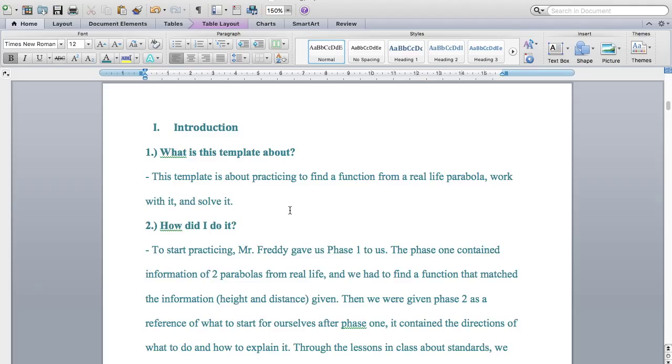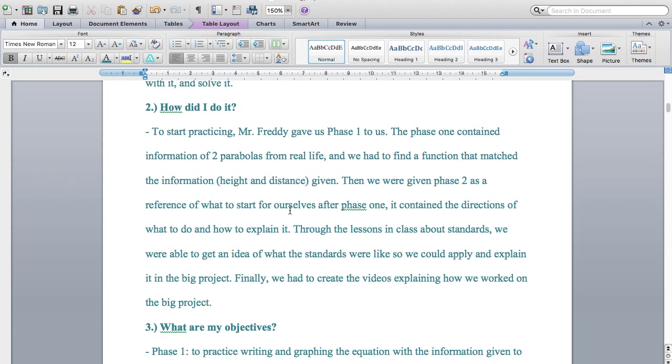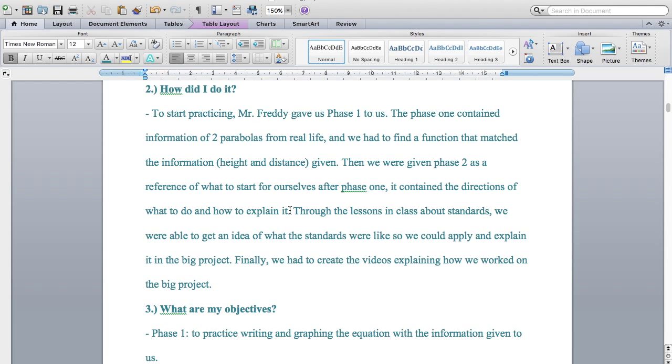So, how did I do it? We were given two phases to practice, and they contained the instructions we had to follow. I used the standards and lessons I learned in class to apply and work with the phases that were given.